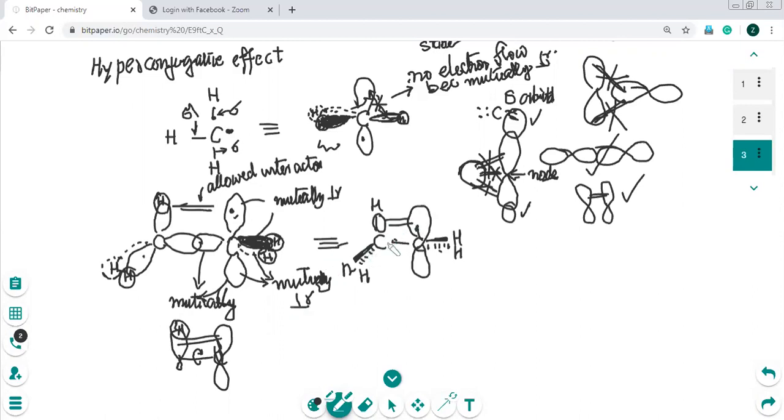And what will happen? See this, the result is this one. If it forms a pi bond here, this H will get separated, and these two bonds will slightly bend to the upper side to become planar. See here.